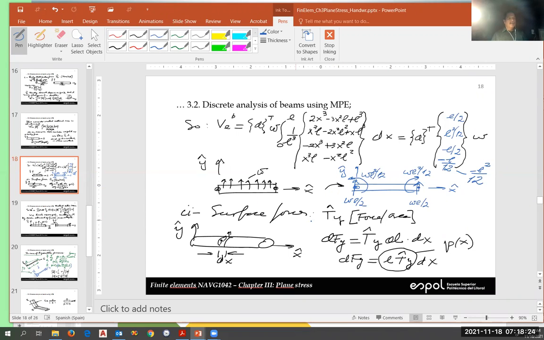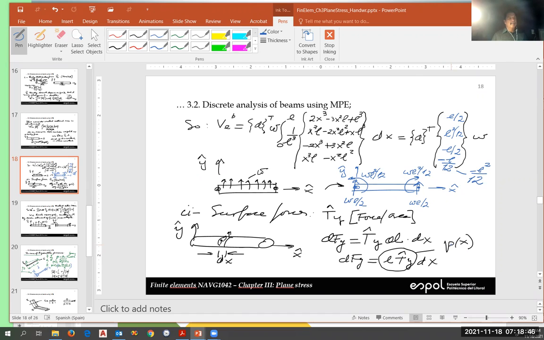In the case of surface forces, it's very, very similar, but instead of having body forces, we have contact forces. We need the contact to the surface of the element, but the rest is the same. So this is force per unit length.